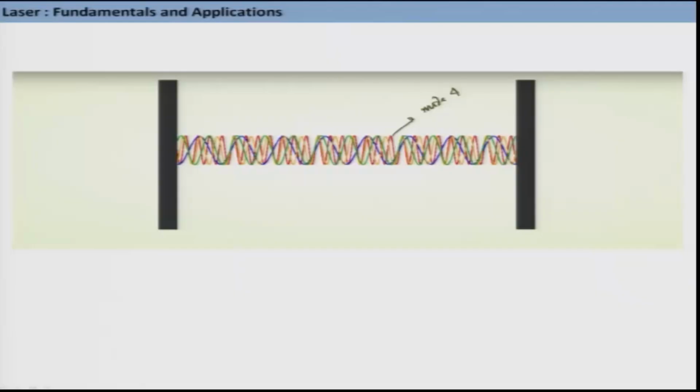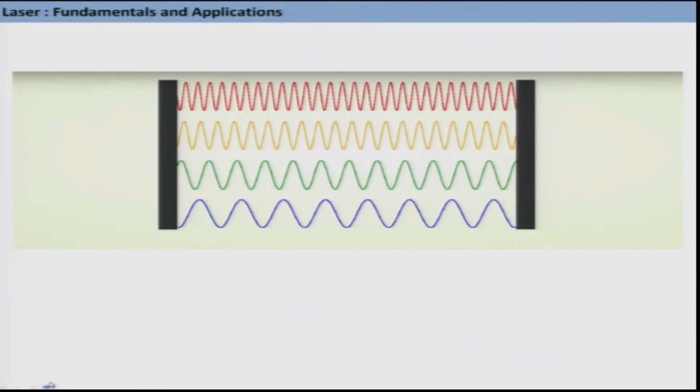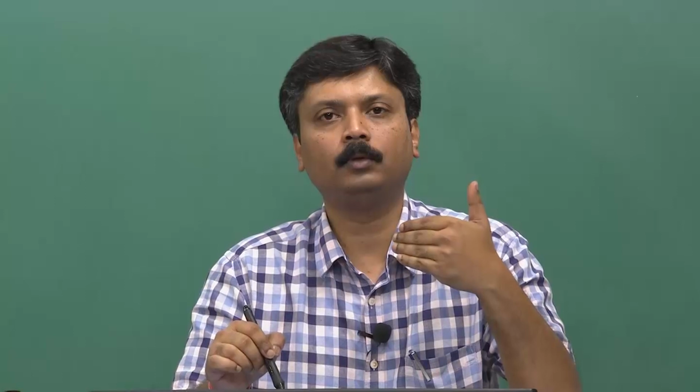Now, let us expand these modes. Right now I have shown them in a superimposed way. If I separate them, they will look like this. If you take a pause and look at all these different modes and try to see if there is any phase relation, you will see that there is no real phase relation. It is not that after a certain number of repetitions the modes are constructively interfering.